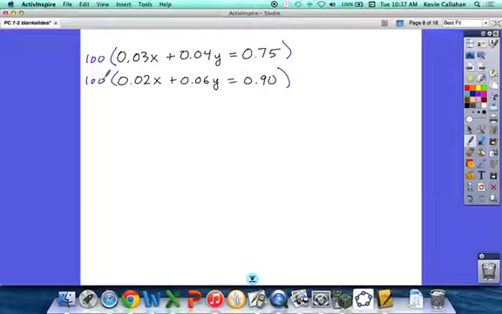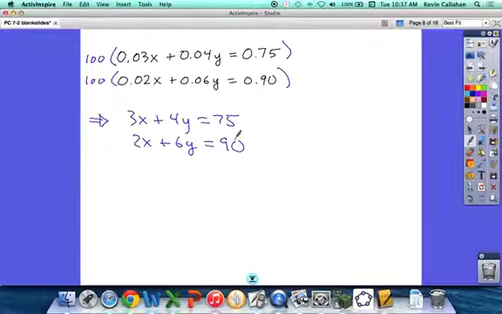Just do what's appropriate for the problem. So here's the new equivalent system. 3x plus 4y equals 75. 2x plus 6y equals 90. Solve that. Much easier.